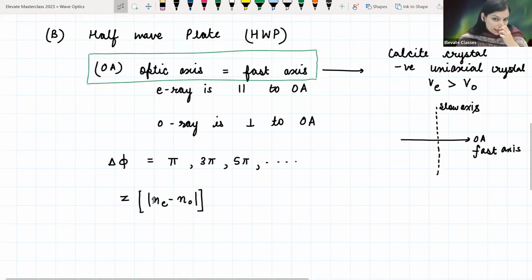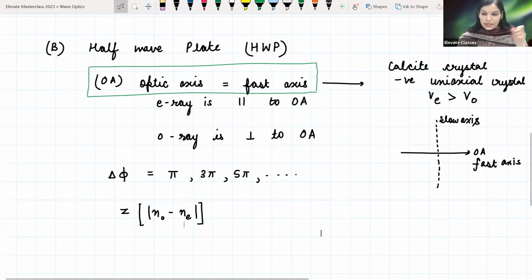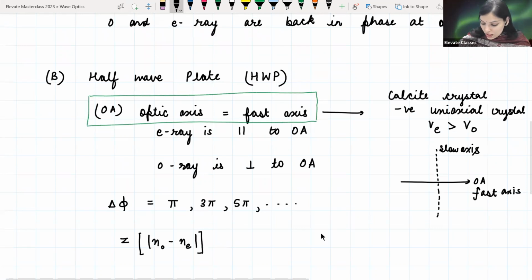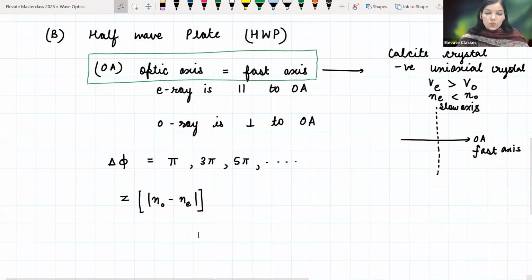Here I have written it like this because maybe, no, I've written it wrong. It should be N naught minus NE, because we are dealing with a uniaxial crystal. And as I said, VE is greater than V naught. That means NE here is actually less than N naught, right? So it is written like this here, but you don't have to remember this per se. We always have to take the mod of the difference. So anyway, it will work out fine.